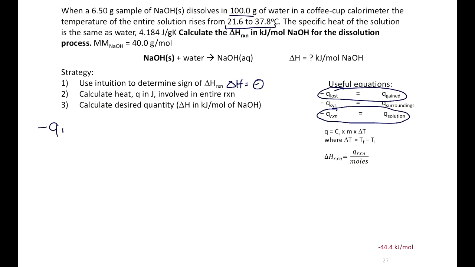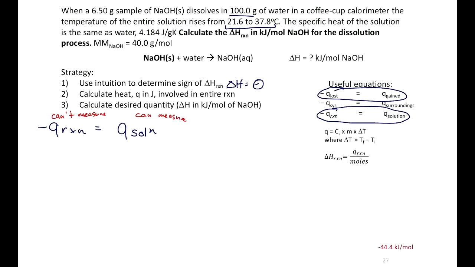So negative Q reaction equals positive Q solution. We can't measure the reaction directly, but we can measure the solution because that is where our thermometer is. Our thermometer is sitting in the entire cup, but the thermometer is not touching the individual particles. We can measure the solution, we can't measure the actual reaction.